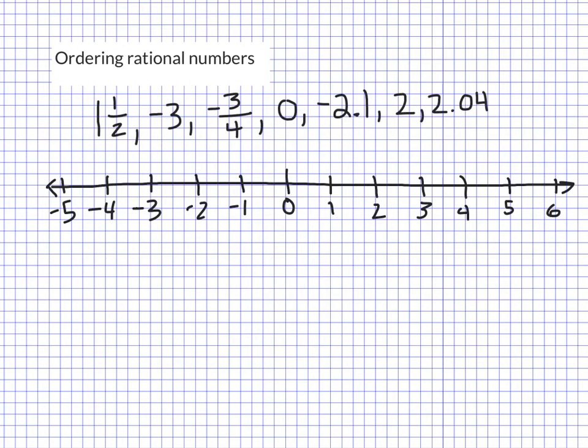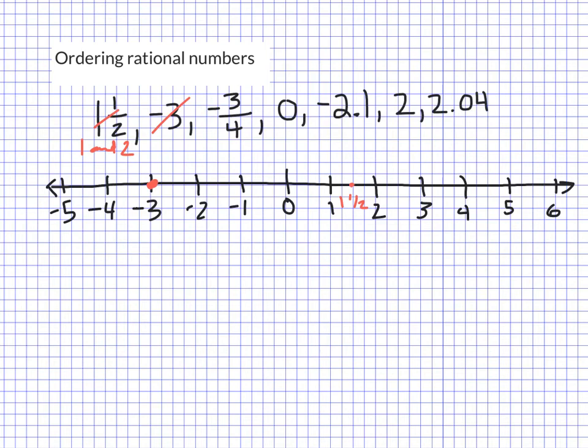So 1.5, well, 1.5 is between 1 and 2, exactly halfway between. So that's 1 and a half. Then we have negative 3 here. Now we have negative 3/4.